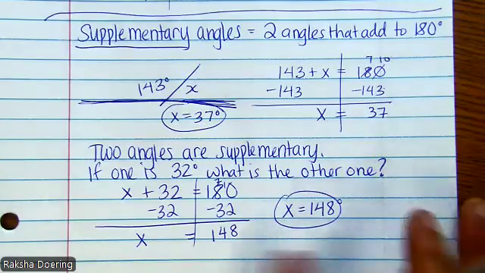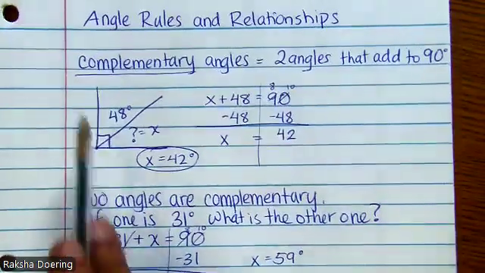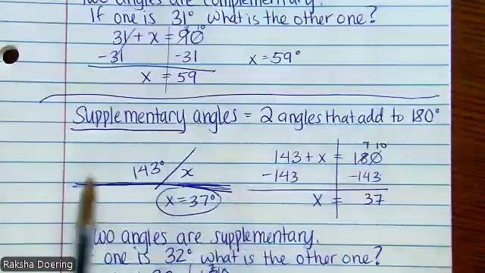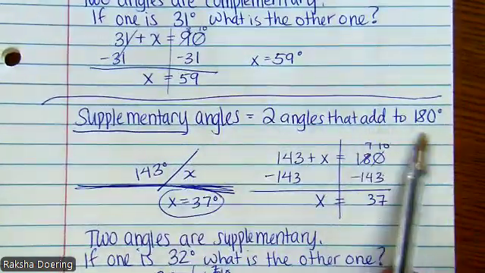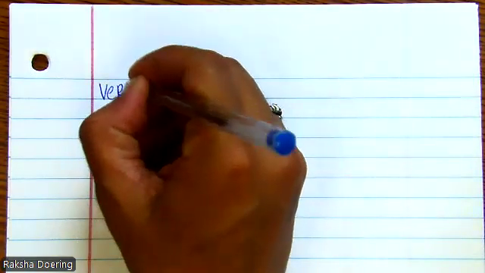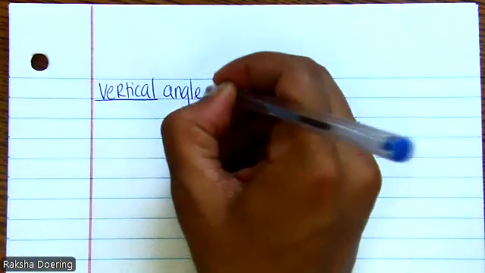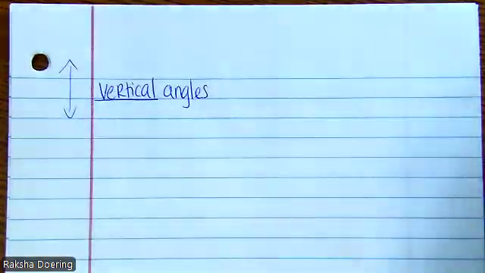So that's two kinds of angles. So we've gone over complementary angles, which add up to 90 degrees, and supplementary angles, which add up to 180 degrees. And then the third one that we're going to go over are called vertical angles. And vertical angles are a little tricky because it does not actually mean up and down, even though vertical means up and down. In geometry, vertical angles mean something very specific.